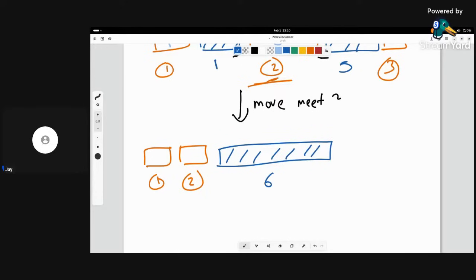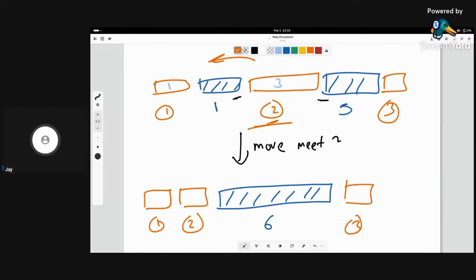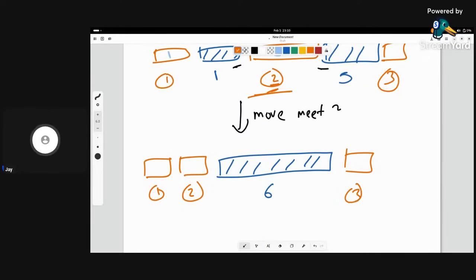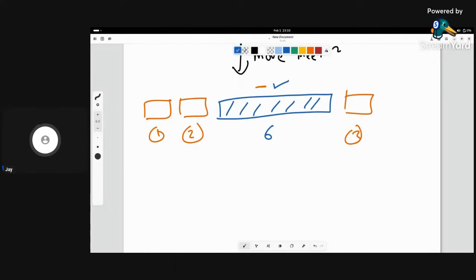Okay. So this is basically what happens when you move one of the meetings. Now, we want to maximize the size of the biggest free slot. The biggest free slot is the longest running free slot, that is, the longest amount of time with consecutive no meetings. And we want to maximize this free slot.